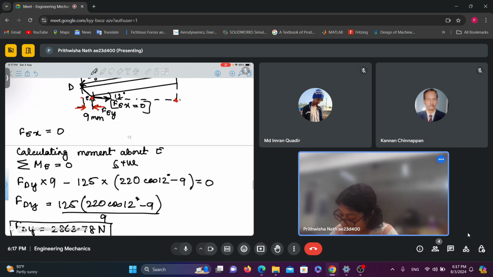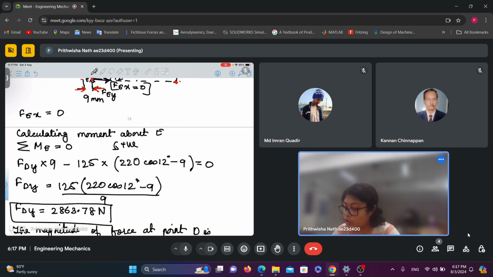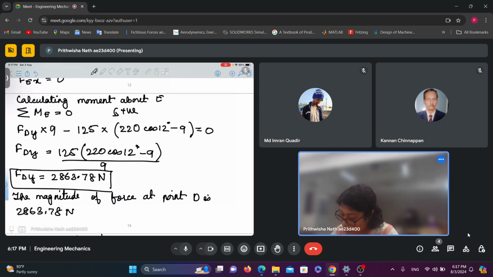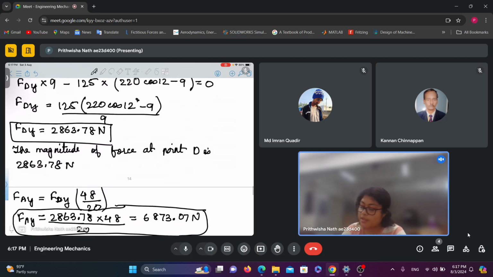So FDY comes out to be 2860.78 Newton. So this is the magnitude of force that acts at point B. Now from this earlier relation that we found out, we can calculate the force that is acting at A.